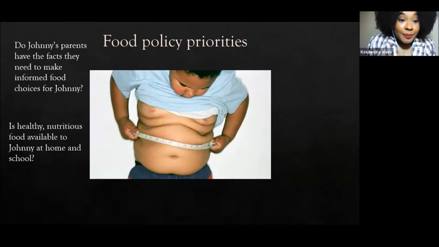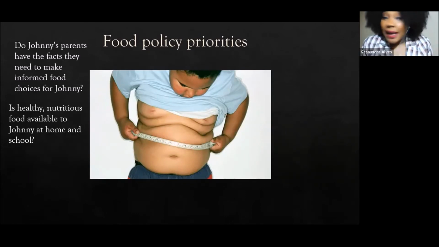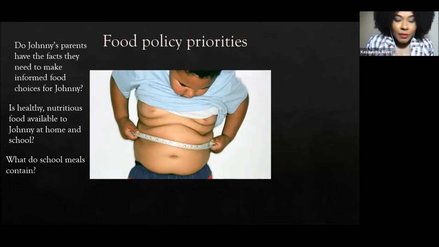Is it that there isn't healthy, nutritious food available to Johnny at school or at home, in the environments that he most frequents? What do the school meals contain, if schools in your country give school meals to children?